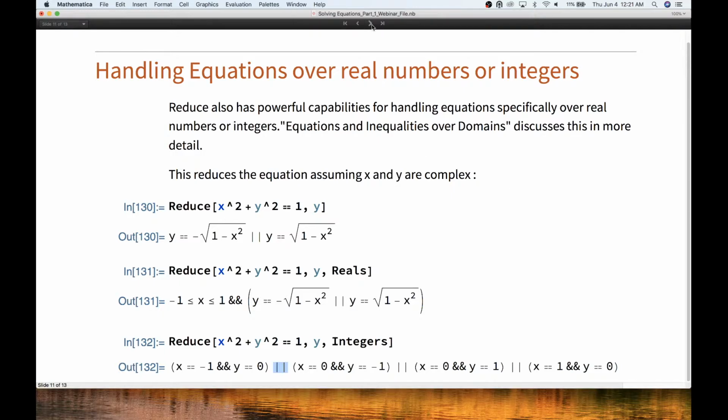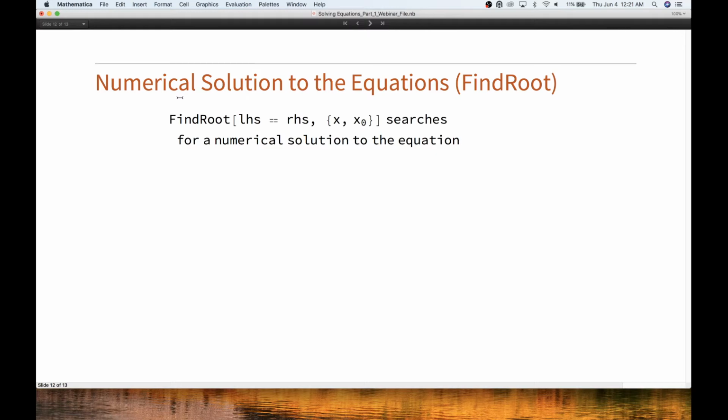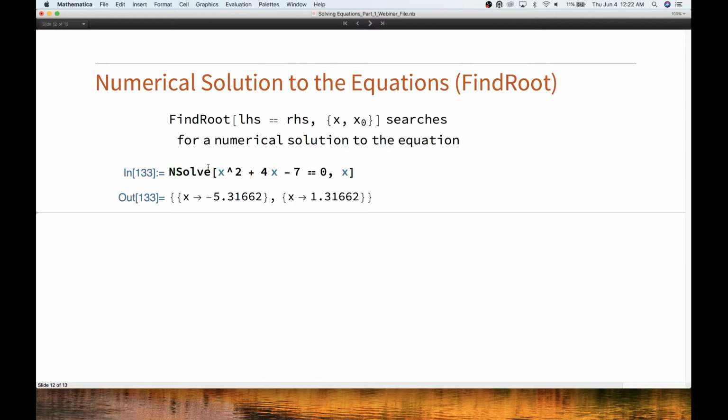Now let's move forward, and we'll take numerical solutions to equations. Solve and FindRoot are two major functions we can use. You noticed earlier we used Solve, and we gave it an equation like x squared plus 4x minus 7 equals 0, with respect to x, and we solved that.